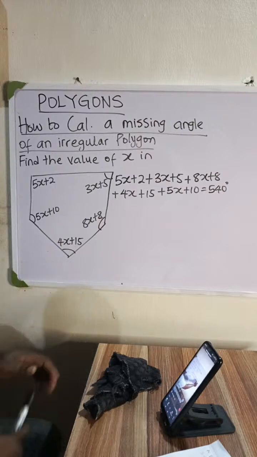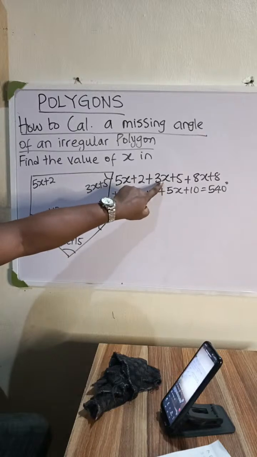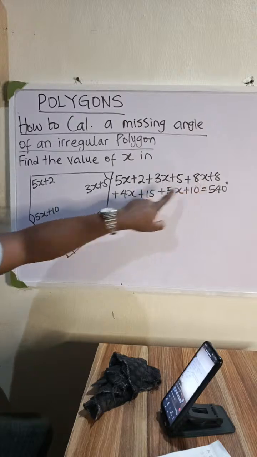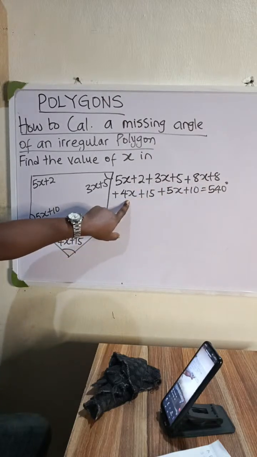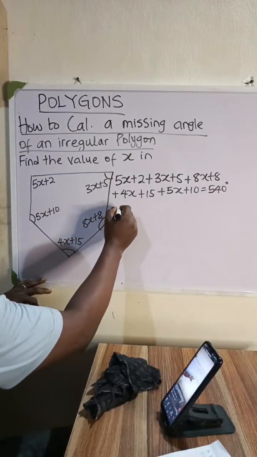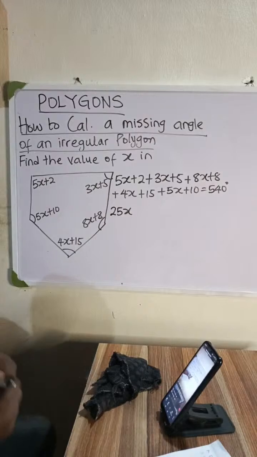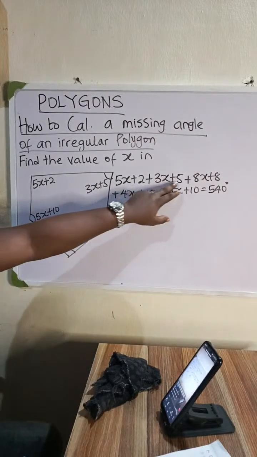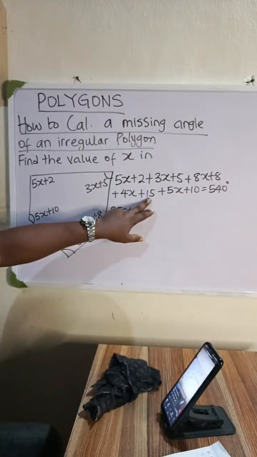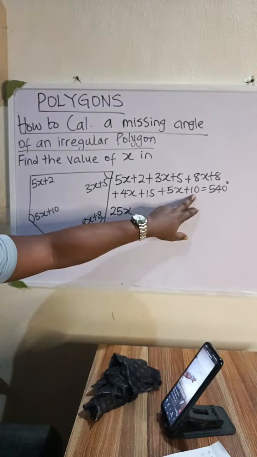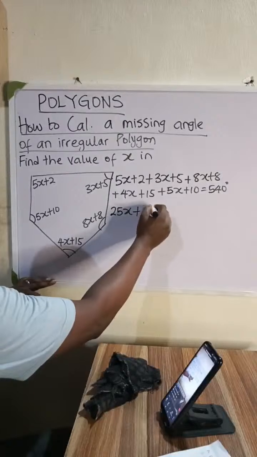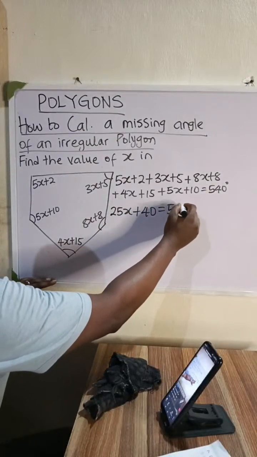So let's add all the values with x. 5x plus 3x gives us 8x, plus 8x gives us 16x, plus 4x gives us 20x, plus 5x gives us 25x. So we have 25x. 2 plus 5 gives us 7, plus 8 gives us 15, plus 15 gives us 30, plus 10 gives us 40. So we have plus 40 is equal to 540 degrees.